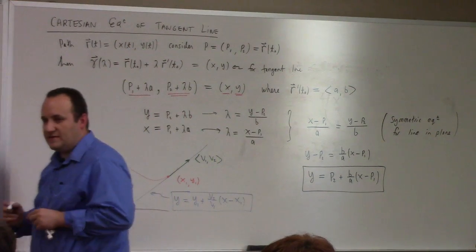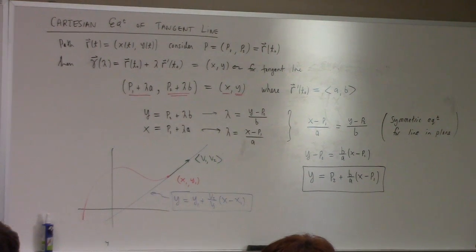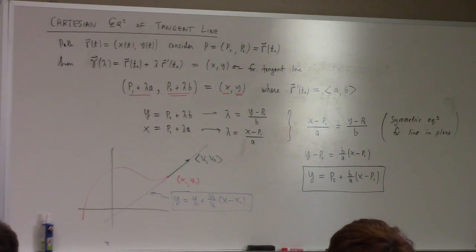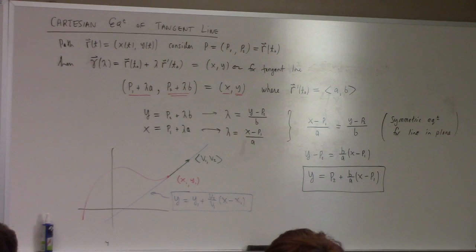Of course, that assumes something, doesn't it? I mean, we're assuming v1 is non-zero, right? For this discussion, can you have the first component be 0 for a parameterization? Check this out.